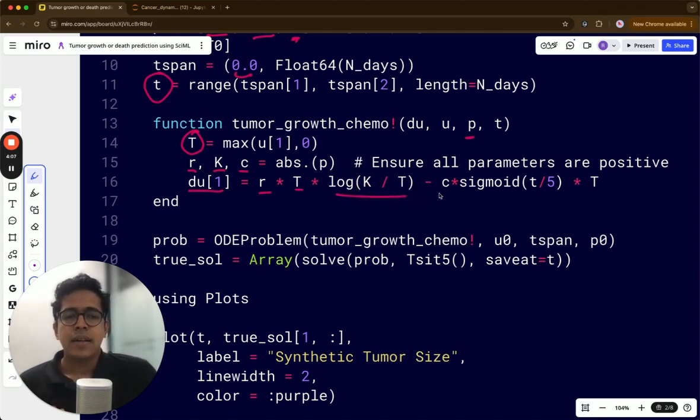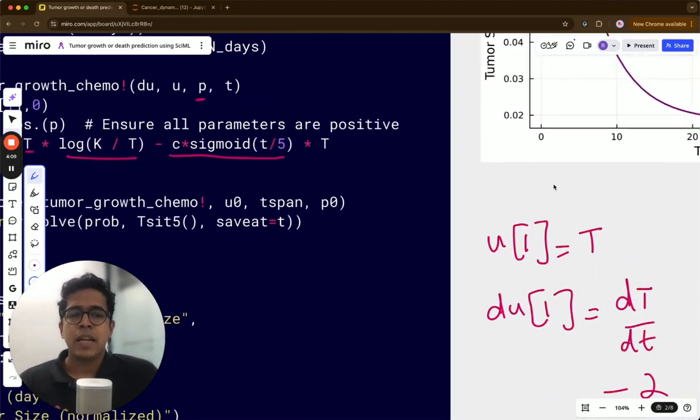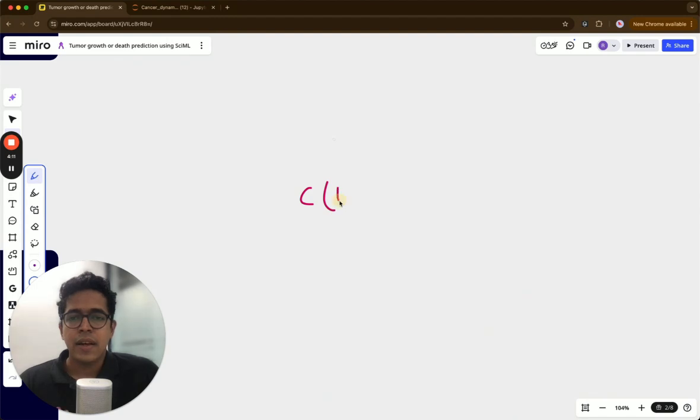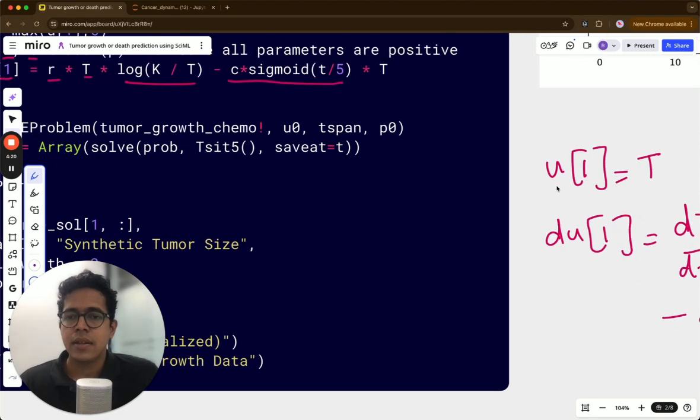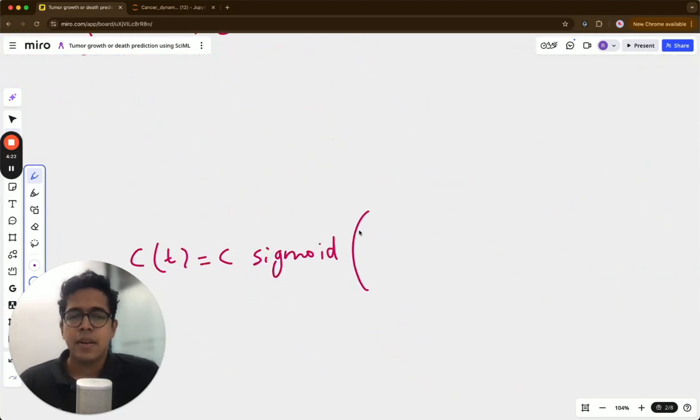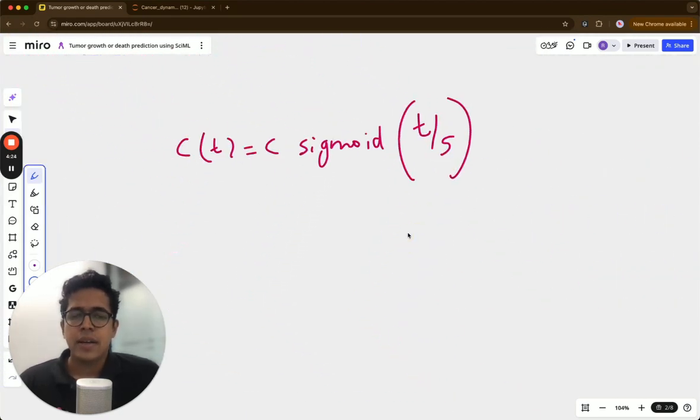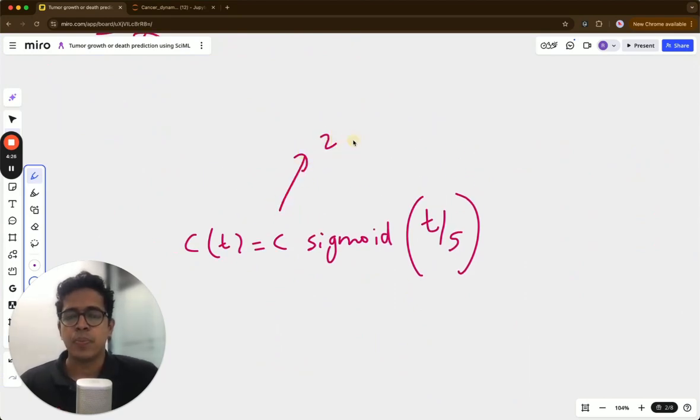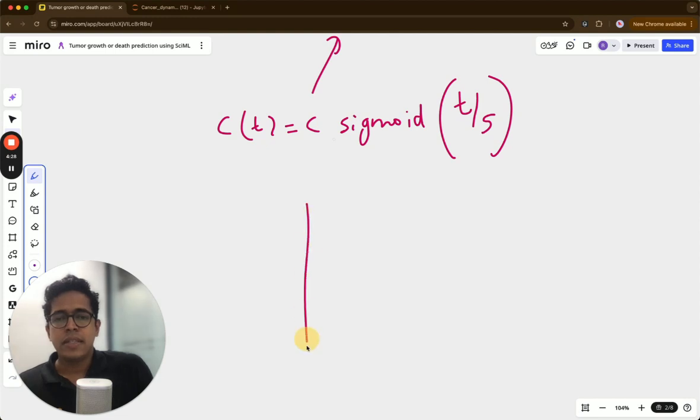And here the C of t, which is chemotherapy intervention, I have written as C times sigmoid of t by 5. Now the value of C that I have assumed is 2. So let's look at what the sigmoid function looks like.